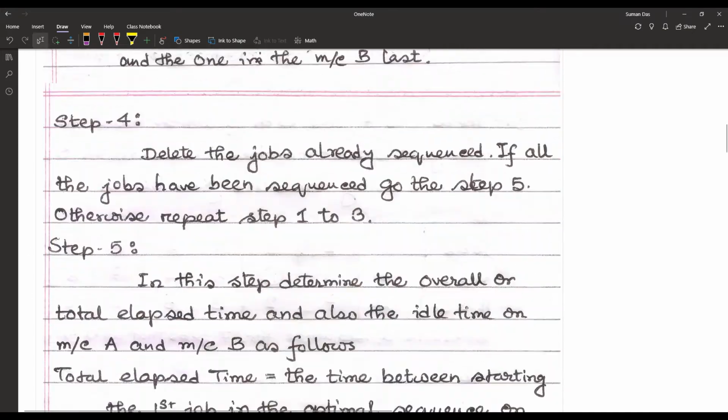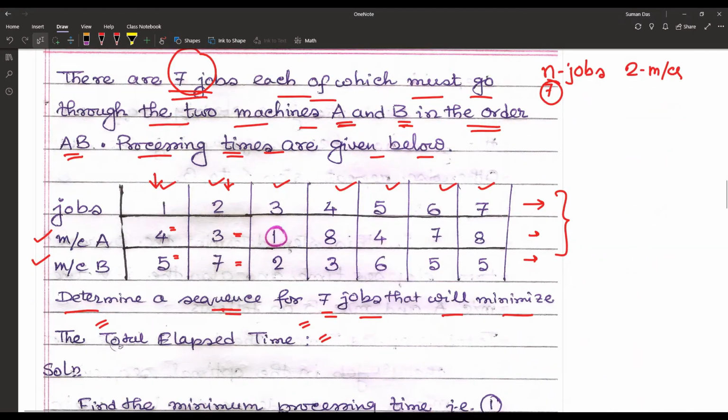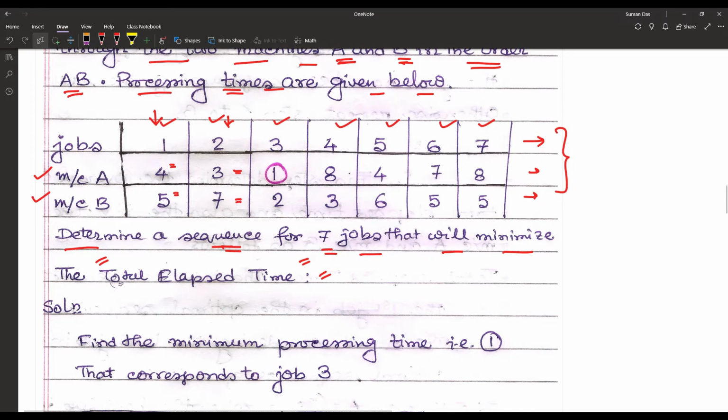Let's check with the problem here. We have to find out which one is our minimum processing time from machine A and also from machine B. Now if we look at the table, that minimum processing time is 1.